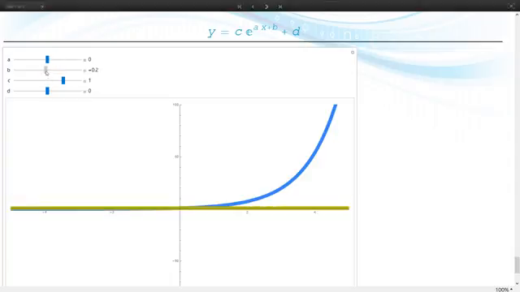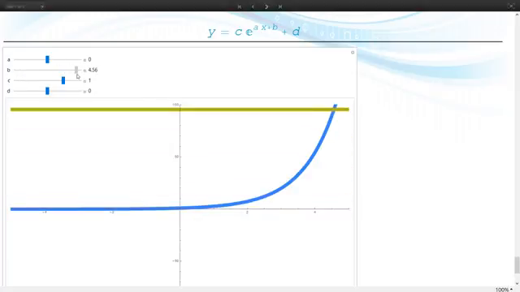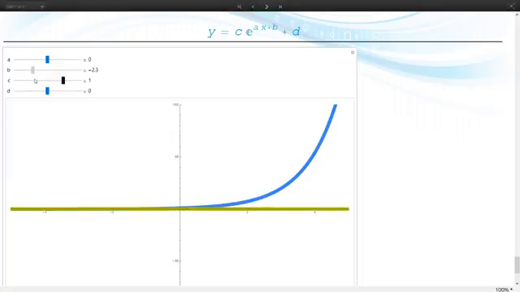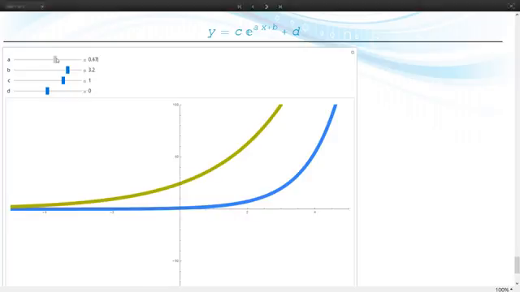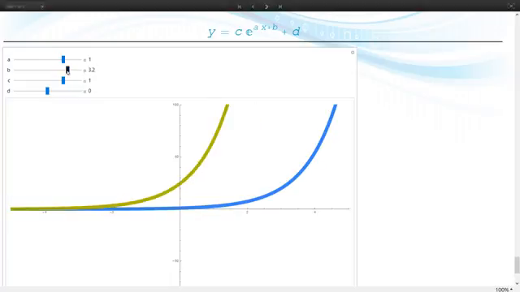B shifts the graph left and right. Wait. Oh wait, A should be left at 1, not at 0. There we go. Shifts the graph left and right. That was very confusing for a moment.